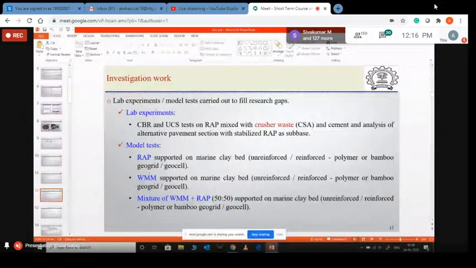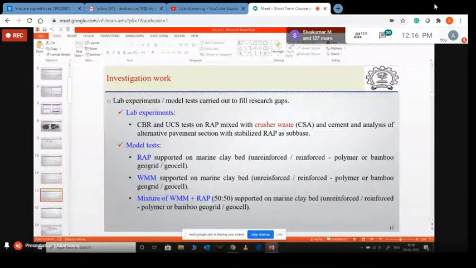And then we have used WMM material, as the basic material tested is WMM. The thickness of WMM material was 150 millimeter, compacted in layers. And then we put the loading plate. We can see it here.